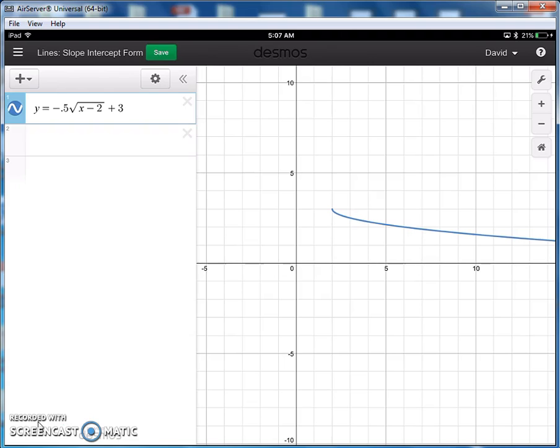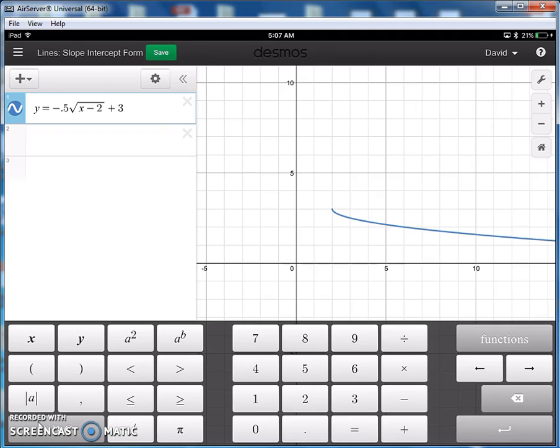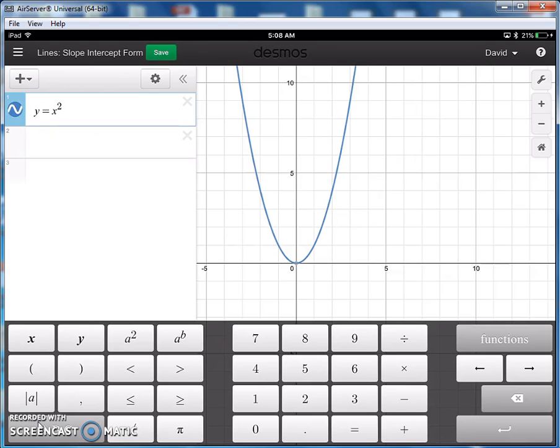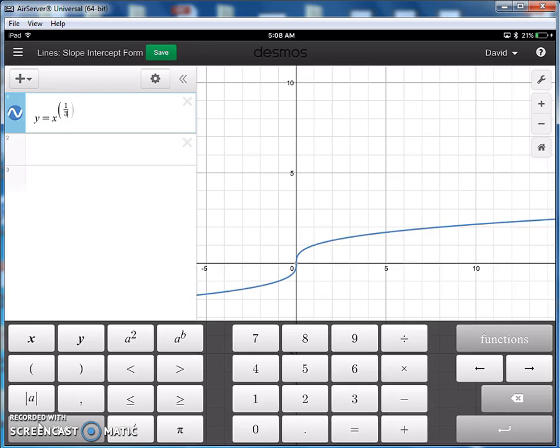To do a cube root, you're going to have to use a fractional exponent. Can we do it? I think so. So y equals x to the, and I'm going to delete that 2 and put in 1 divided by 3.